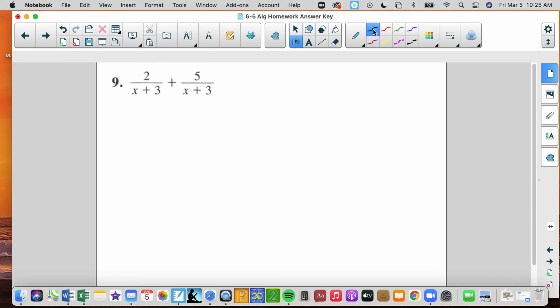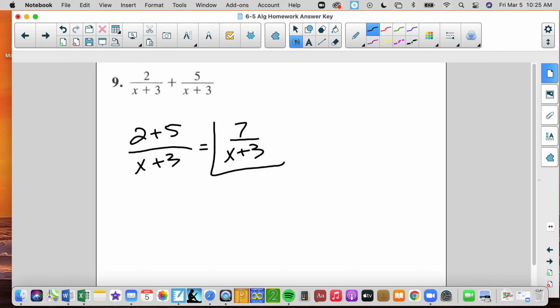All right. Like denominators, we're going to add. Notice we have a little bit more complex denominator. Now we've got 2 terms, binomials in the denominator. So we get 7 over x plus 3. That cannot be factored.